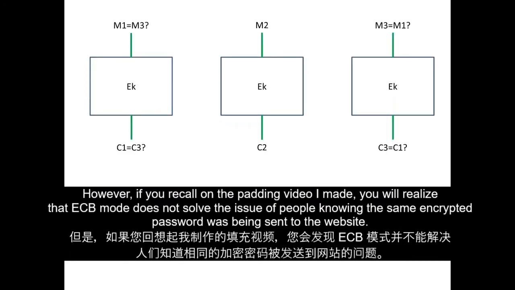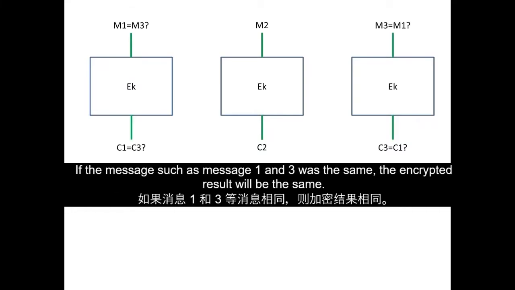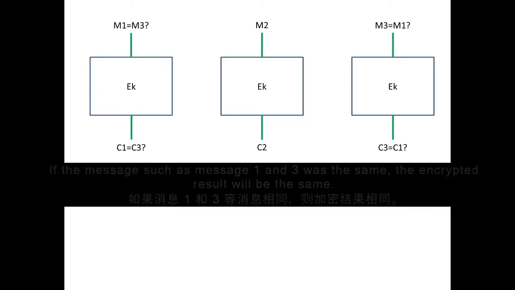However, if you recall on the padding video I made, you will realize that ECB mode does not solve the issue of people knowing the same encrypted password was being sent to the website. If the message such as message 1 and 3 was the same, the encrypted result will be the same.